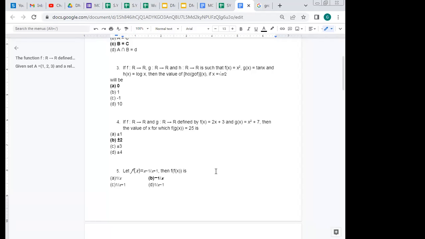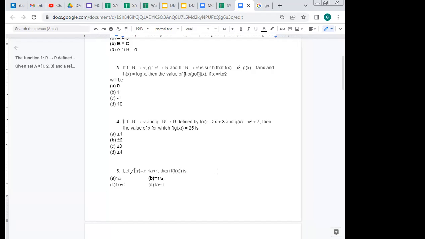How you will go for that: g of x is x square plus 7. Now f of g of x means we have to perform the operation 2 times (x square plus 7) plus 3, which is equal to 25.